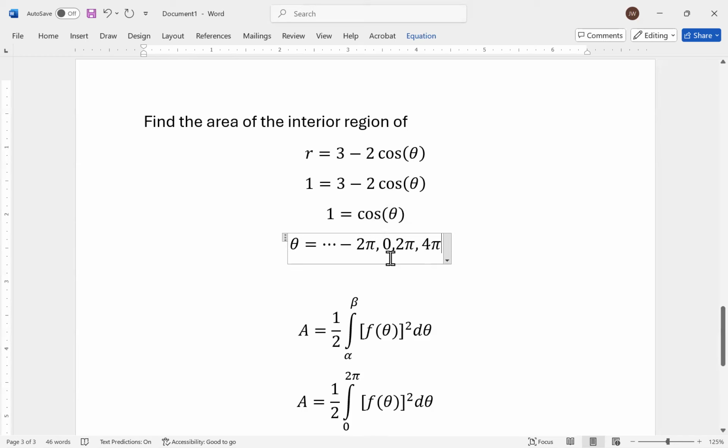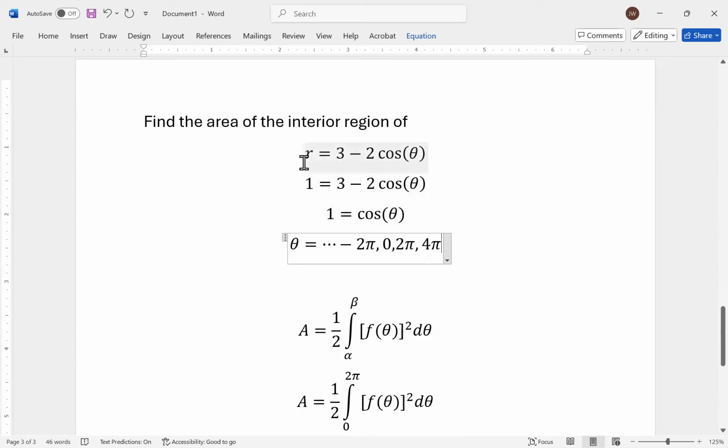So you just pick from 0 to 2 pi, and then you're all set. If you wanted to do this by hand, there are other ways of doing that as well, but that's probably just the nicest one.